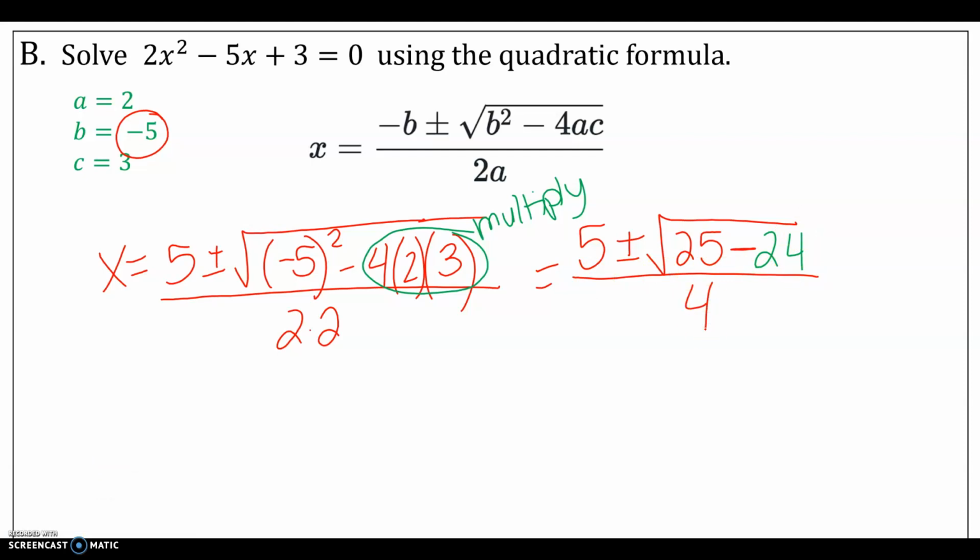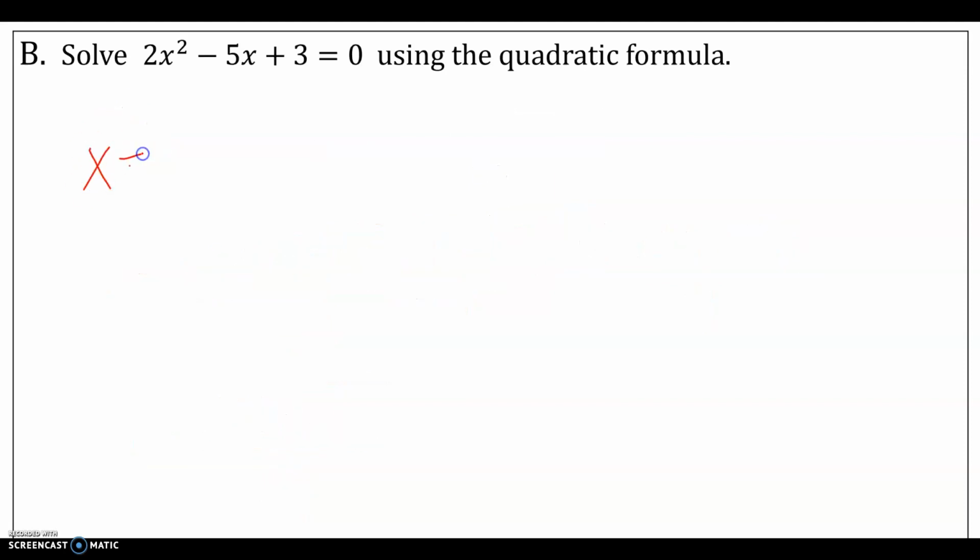Again, I'm going to keep simplifying. So I get x equals 5 plus or minus the square root of 25 minus 24, which is 1, all divided by 4. Now I'm going to switch slides and recopy our almost answer.